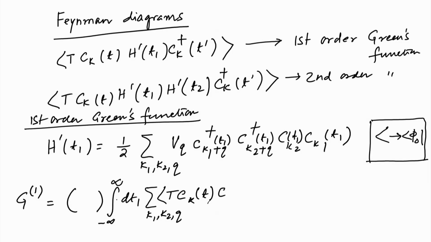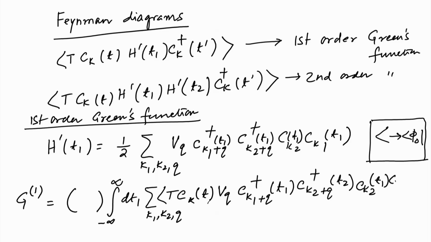So, there is a Vq, and then there is a Ck1 plus Q dagger at T1, a Ck2 minus Q dagger at T1, a Ck2 at T1 and a Ck1 at T1, and the definition of the Green's function will give me a Ck dagger at T prime, and that is it.